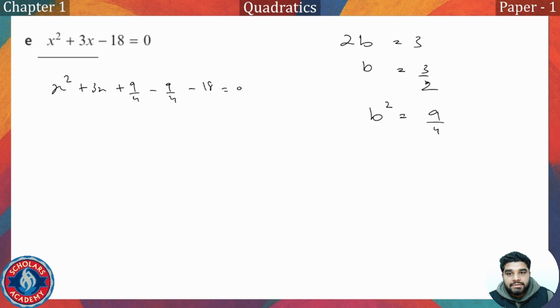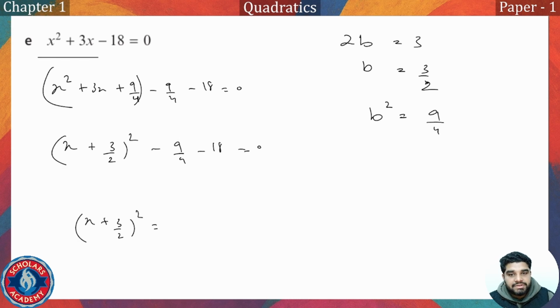Right? So completing the square, (x + 3/2)², and we get 9/4 - 18 is equal to 0. So (x + 3/2)² is equal to 18 + 9/4.